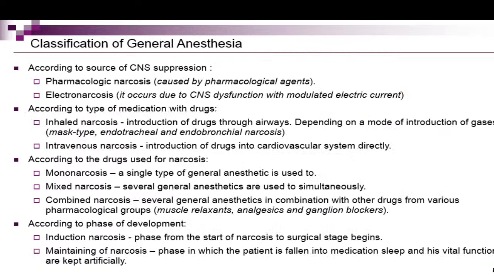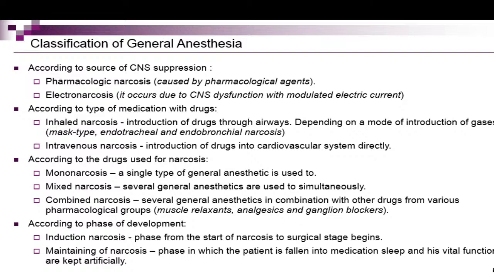Classification of general anesthesia. General anesthesia, a narcosis, can be classified into several groups. According to the source of CNS suppression, it means by what drugs, by what manipulations we can suppress the CNS.